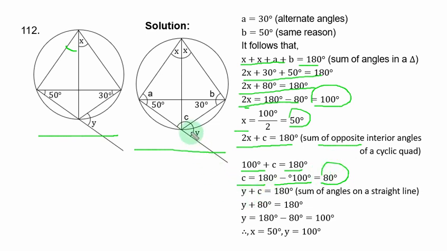Now, Y plus C is equal to 180. Sum of angles on a straight line. You have it in this form and in this form. Therefore, S is equal to 50 degrees and Y is equal to 100 degrees.